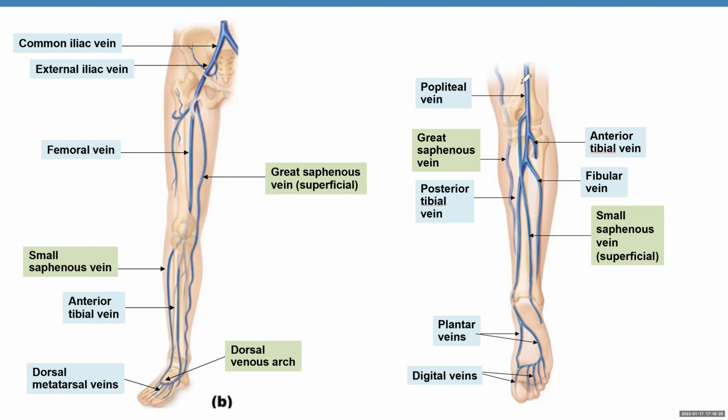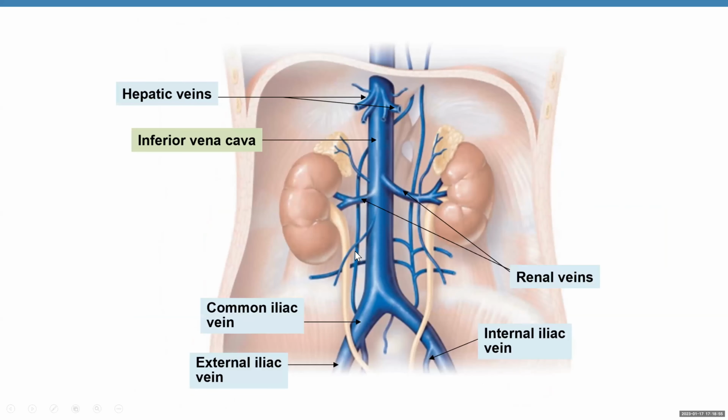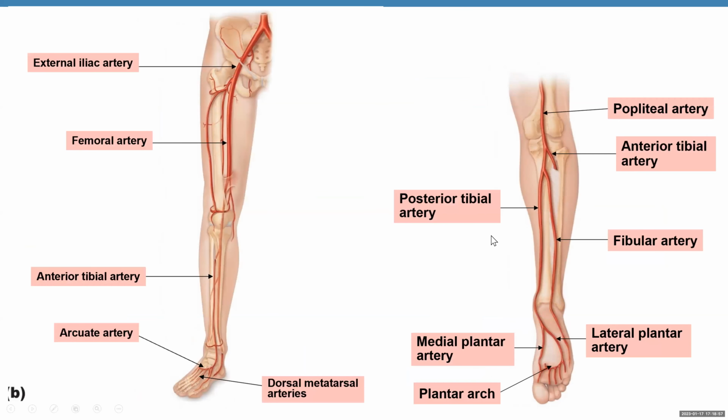We're talking about veins, but I called them digital arteries, plantar arteries, because we have digital arteries. Yes, they're deep and they have arteries with the same names, right? So we have digital veins, plantar veins, posterior tibial vein, fibula vein, anterior tibial vein, but be with me, and I apologize, because look, we have the same artery.